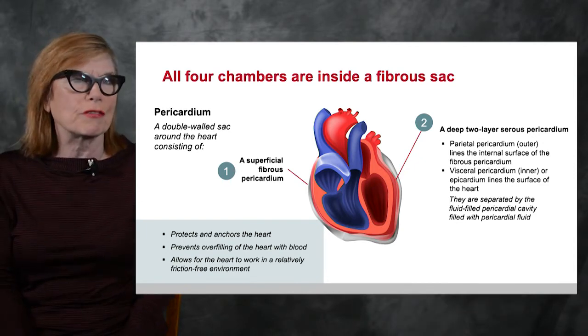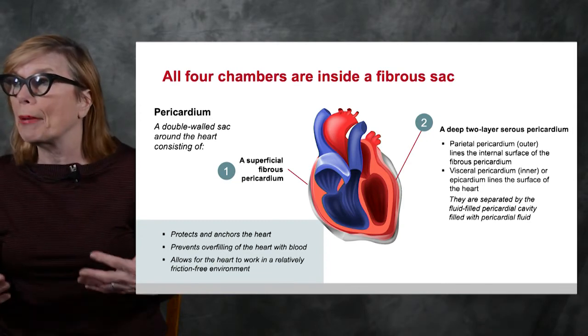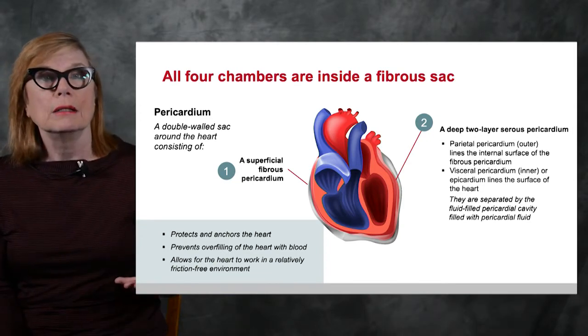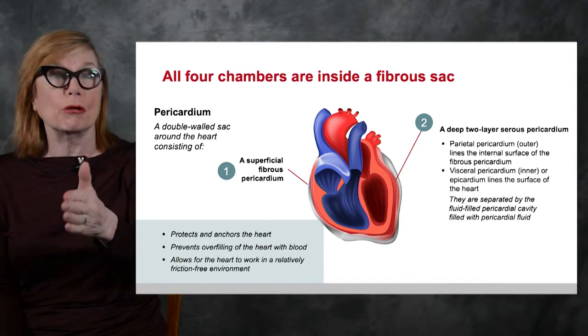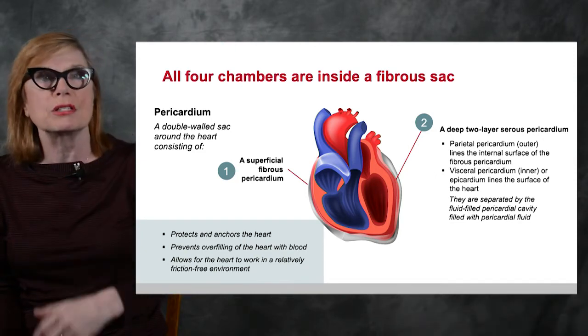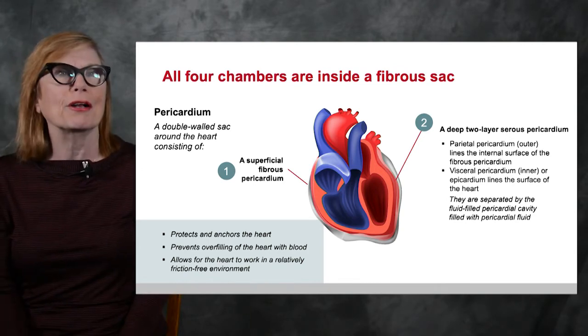That vascular surface is known as the epicardium. So that deep two-layered pericardial sac. The parietal pericardium is the outside. The visceral pericardium is the inside, also known as the epicardium. And they are separated by the fluid that fills the pericardial cavity.